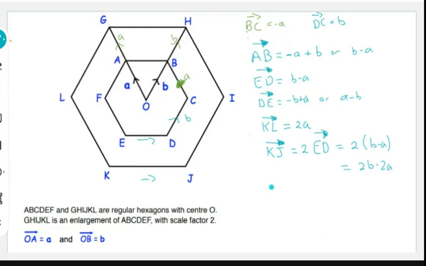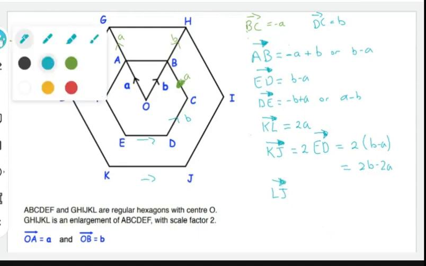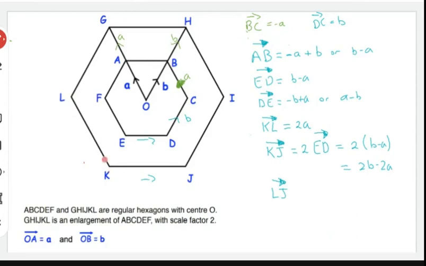Okay. What about to get from L to J? L to J. 2B. What's that? 2B. From L to J? Oh, minus 2A. Wait.